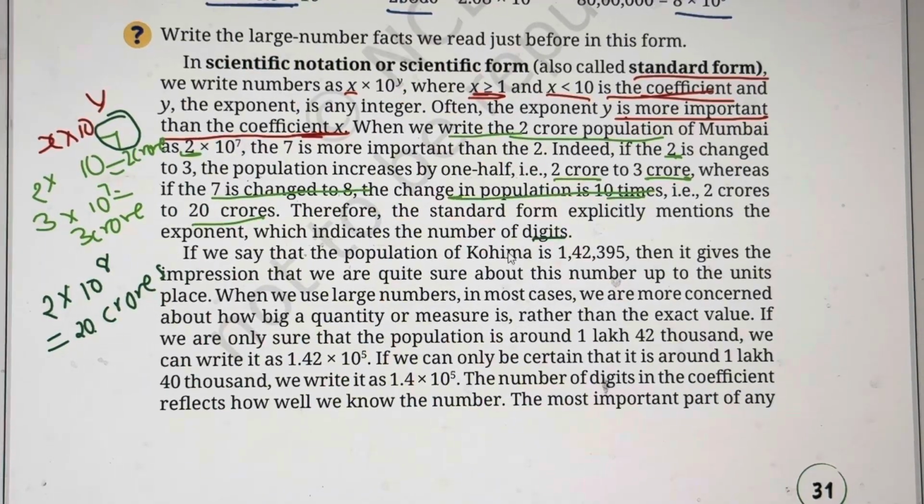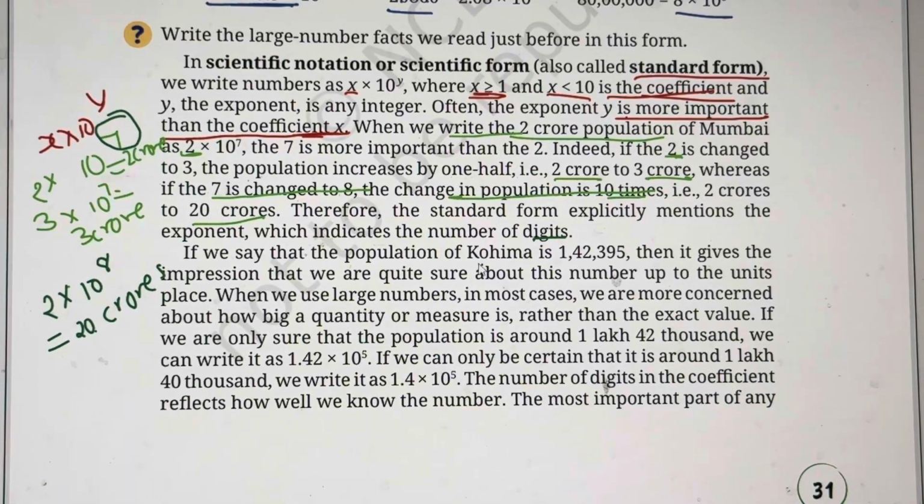Now, let us understand this same thing through more examples. Here the population of Kohima is given as 1,42,395. So it gives the impression that we are quite sure about this number, about the unit's place. When we use such large numbers, in most cases, we are more concerned about how big a quantity or measure is rather than the exact value.